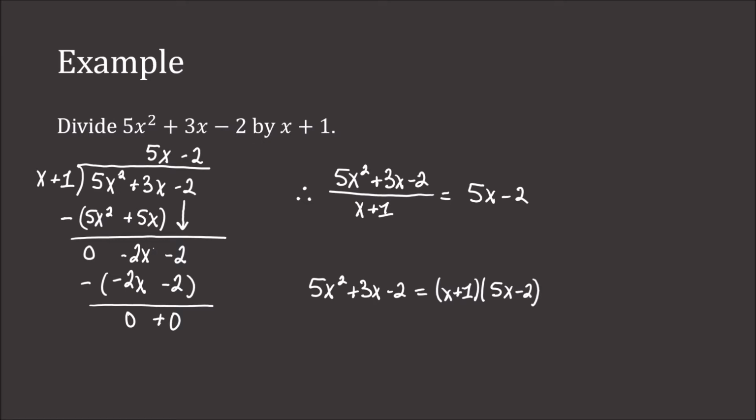Either of these two ways of writing it are valid. Now, typically, the convention is if all we're doing is dividing, then we'll write it in this form. However, if we're trying to factor, then we'd write it in this form.